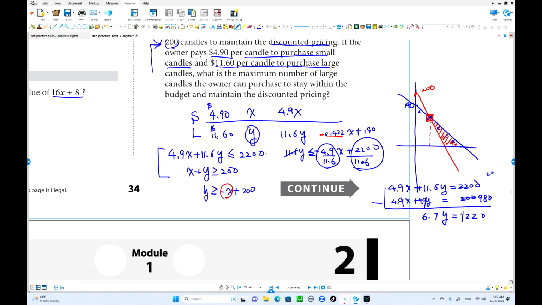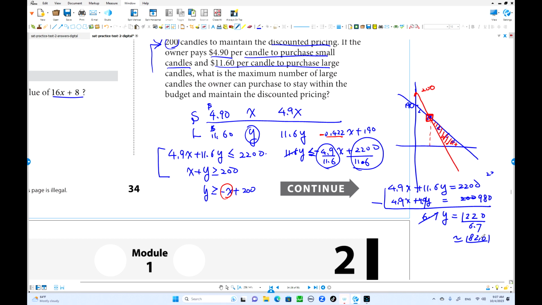Is this correct? Okay, I'm going to calculate. 2200 minus 980. Yeah, 1220 is correct. When you divide by 6.7, how much do you get? Divide by 6.7, okay. 182.01 approximately, okay.